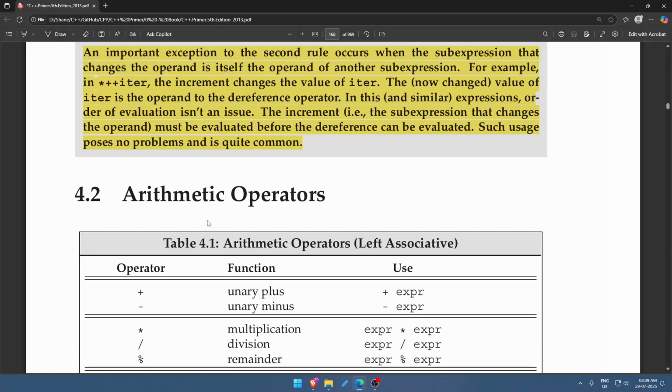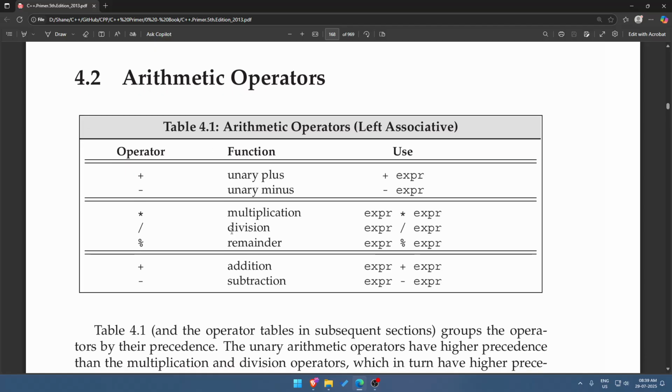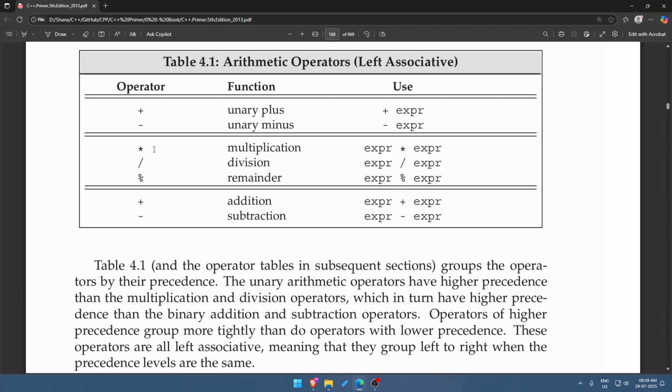Then we have arithmetic operators. These are left associative, and the unary plus and minus have higher precedence. Table 4.1, the operator table in subsequent sections, groups the operators by their precedence.